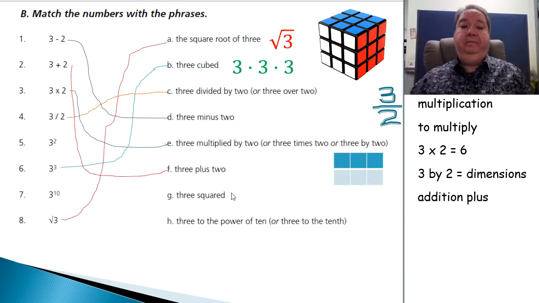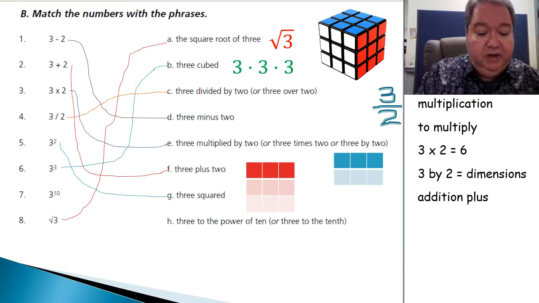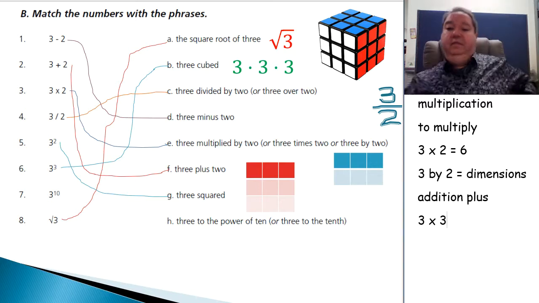3 squared. A square has the same length on both sides. So 3 squared would be 3 by 3. 3 squared means 3 times 3.